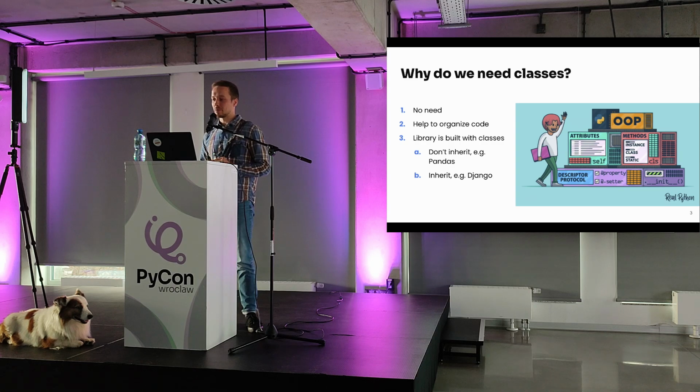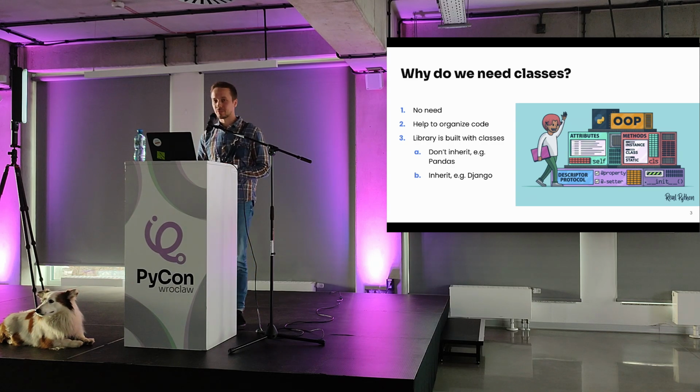Yet when we use such a library, we don't necessarily need to inherit classes. For example, when we slice and dice data with the pandas library, we don't inherit its classes, even though the library is built with classes. On the contrary, when we use the web framework Django, we almost always inherit classes.